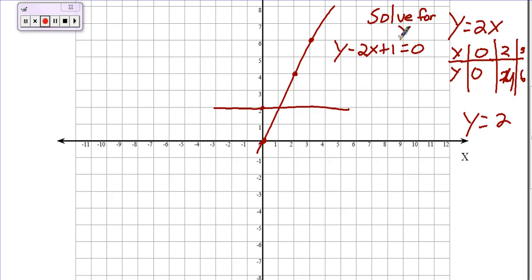Solve for y, that's y equals 2x minus 1. You could graph that, couldn't you? That's what you're going to be doing, not today. You're going to put them together on the one. Does that make sense?